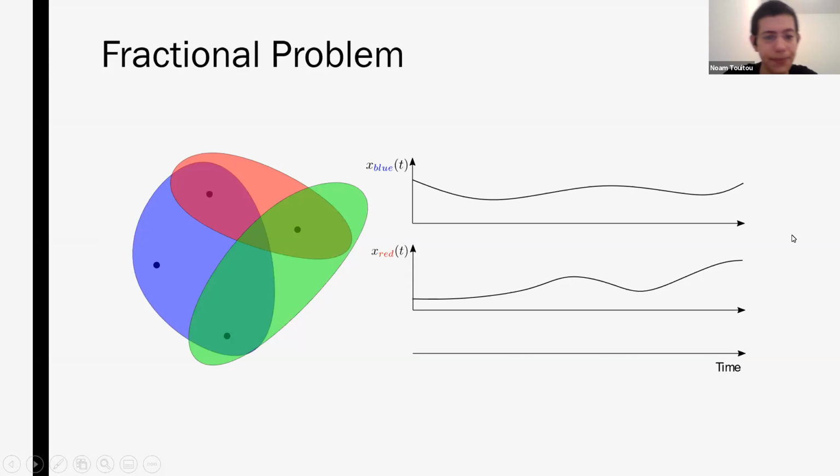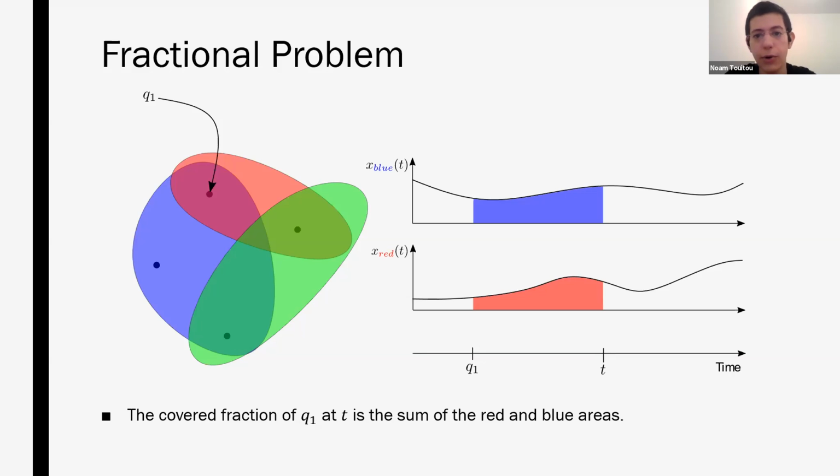Here's an example. We again have a universe of sets and elements, and here we have the buying functions of two of the sets in this universe, the blue set and the red set. Some request Q1 is released on an element which is in both the blue set and the red set.